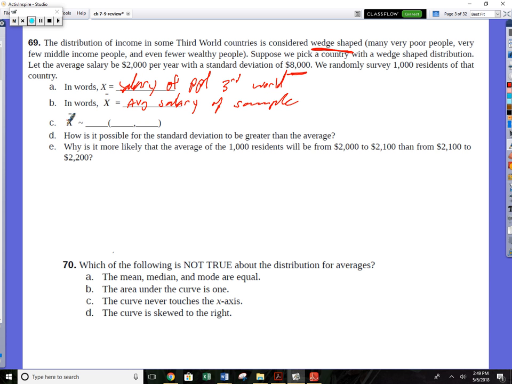Now when we do these averages, that indicates you're going to use the central limit theorem, and it does not matter what the original distribution was. Once you start doing averages, it's always going to be normal. So we're going to use the population mean, 2,000, and the population standard deviation, 8,000 divided by the square root of 1,000.